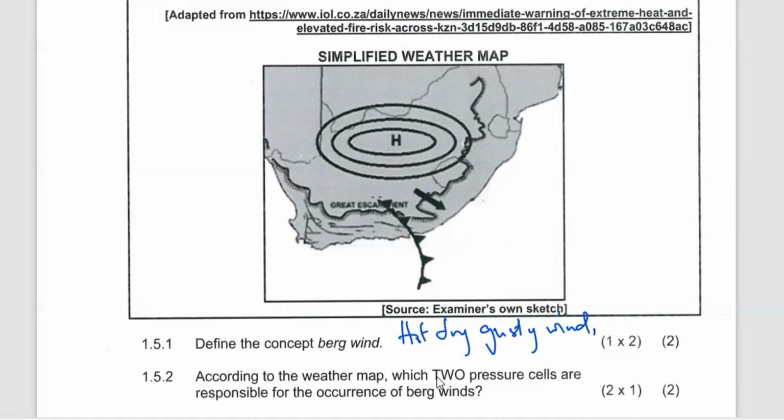It's hot and dry and gusty. How does it develop? Or where does it affect? That affects the coastal areas of Southern Africa.